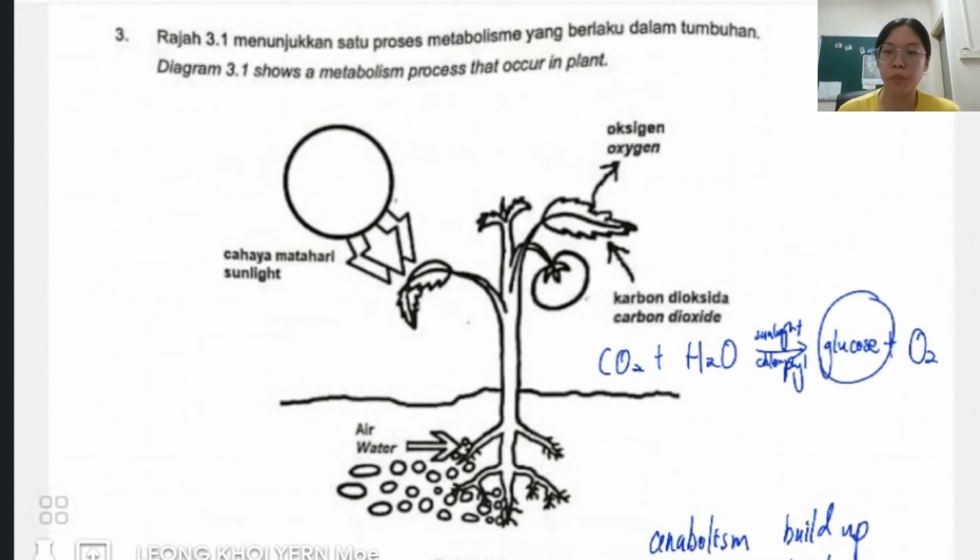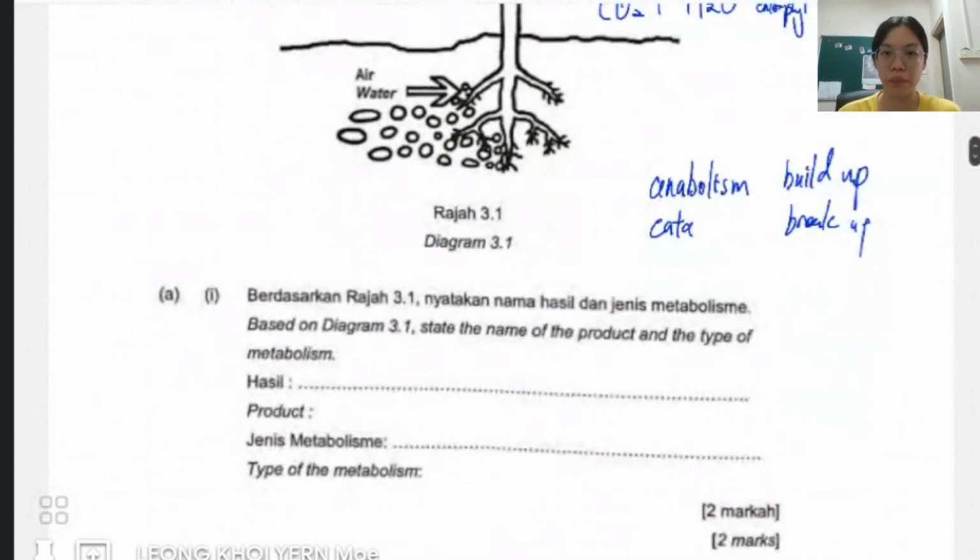So they are actually trying to make glucose. So it is building up. So it is anabolism. And what is the product? The product is glucose.